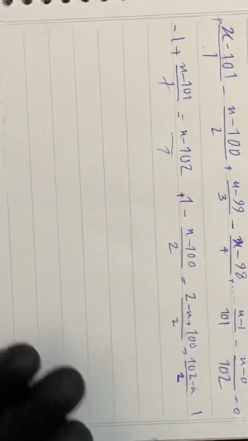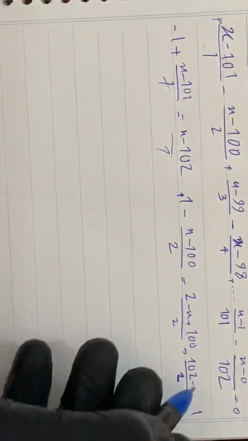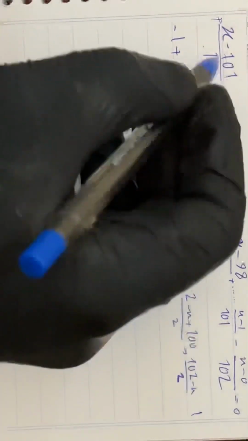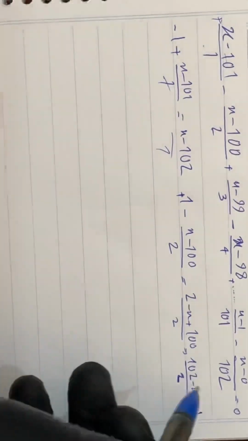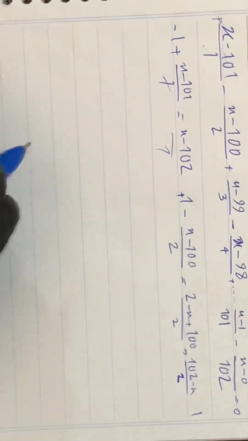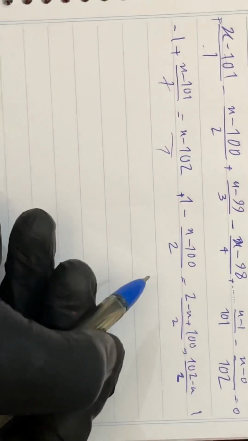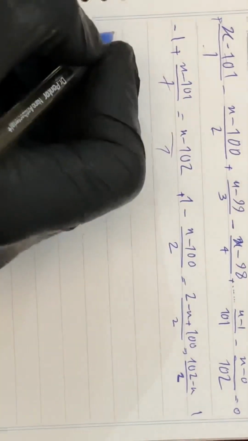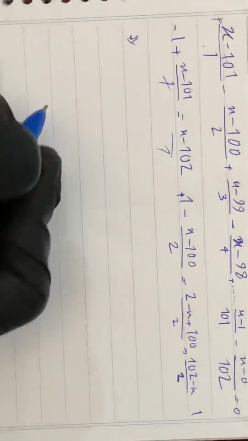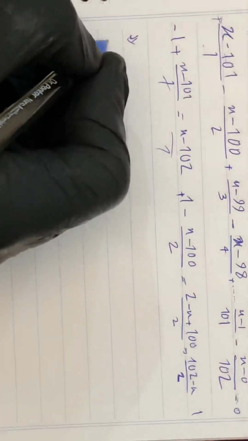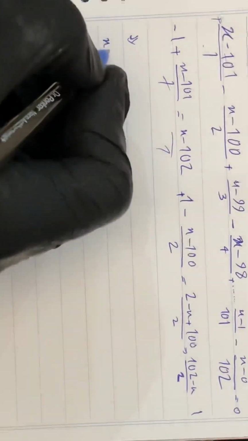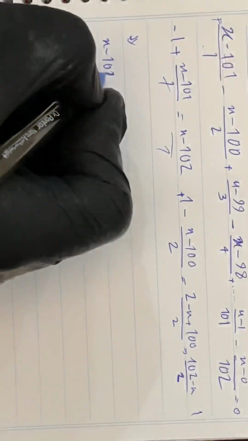If you do so for every one of these, in each numerator you get 102 minus x, which means, if you do minus 1 plus 1 to all of these, you will get to this equation: x minus 102 over 1.